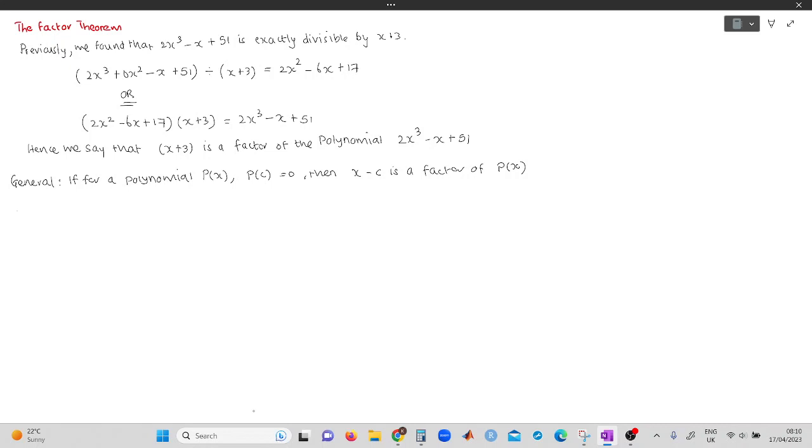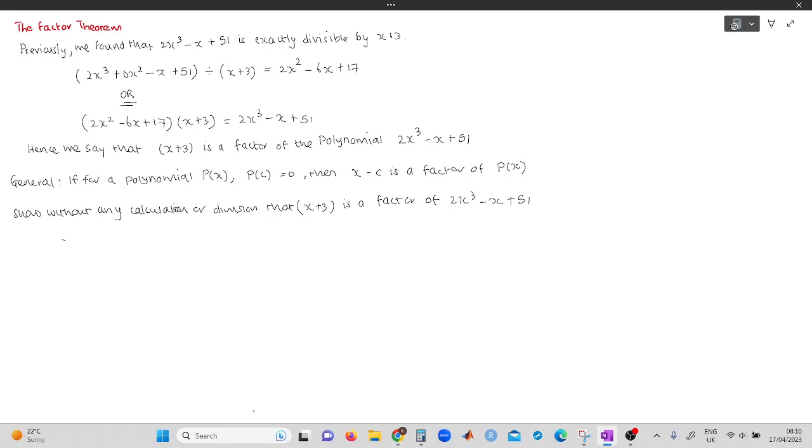Je can't dire ça. Donc, show without any calculation or division that x plus 3 is a factor of 2x cubed minus x plus 51.